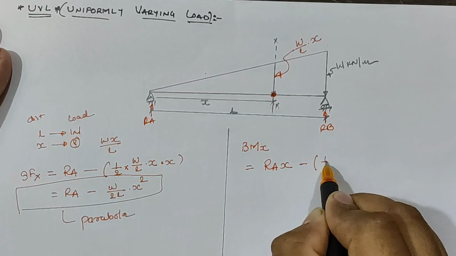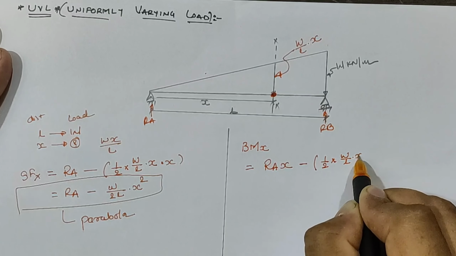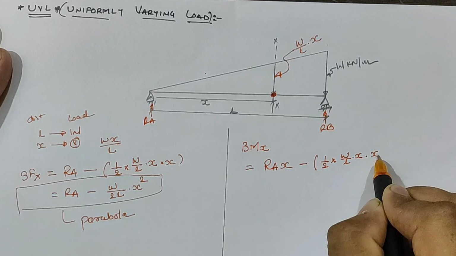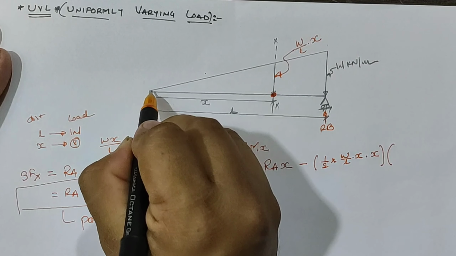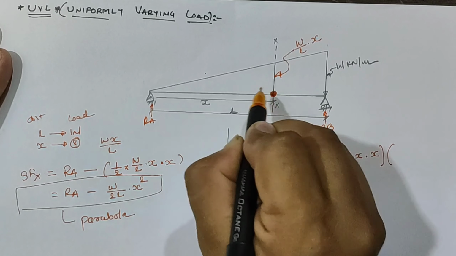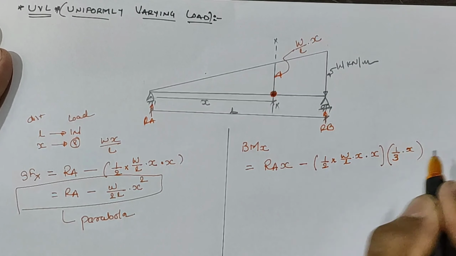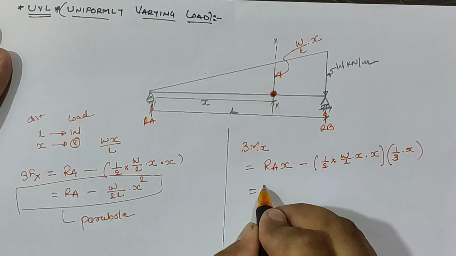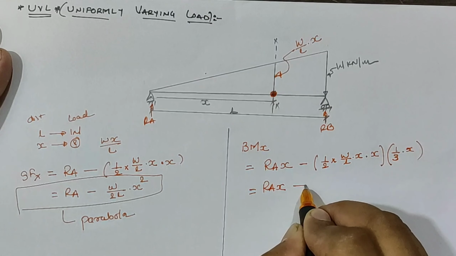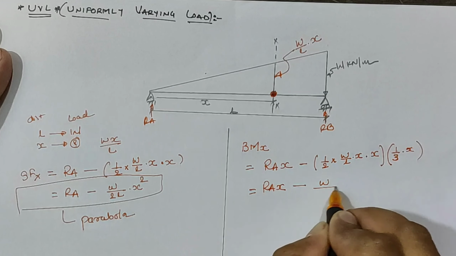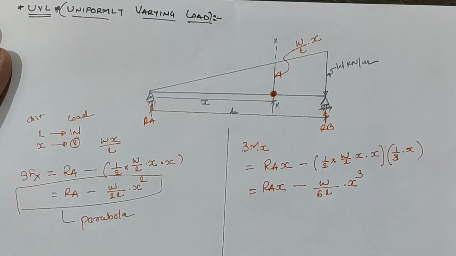First of all, the total load is 1/2 into W by L into X, load into X as distance, into the CG distance from location C, which is 1/3 of X. Now calculating the value, it is Ra into X minus W by 6L into X cube.